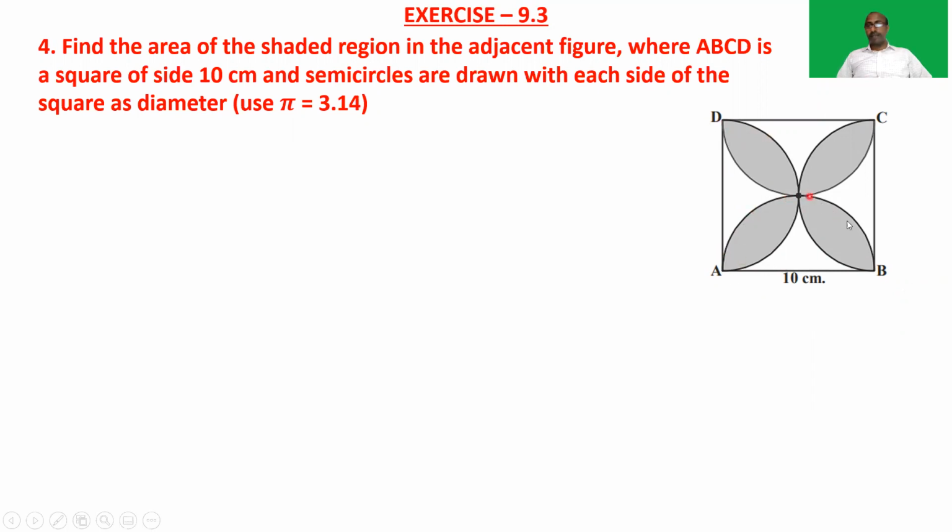So this one is a semicircle, this one is a semicircle, this one is the semicircle on the side CD and this one is the semicircle on the side AD. Now we have to find the area of this shaded region.